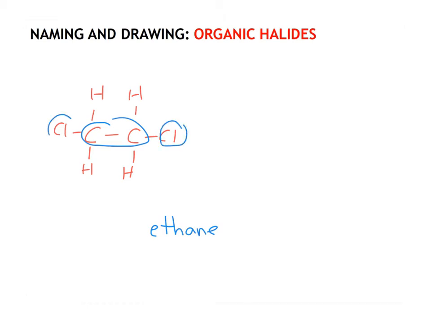So Cl, we would use the prefix chloro. So this would be chloro, and because there's 2, this would be dichloroethane. We do still want to identify which carbons they're on. This molecule doesn't matter. I can go left to right or right to left, but this would be 1,2-dichloroethane.